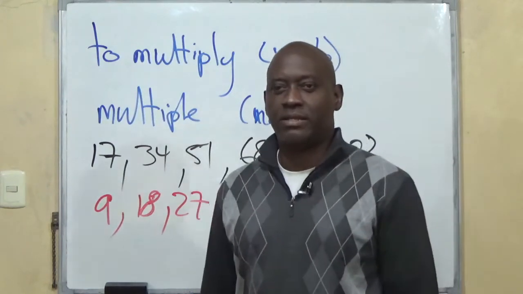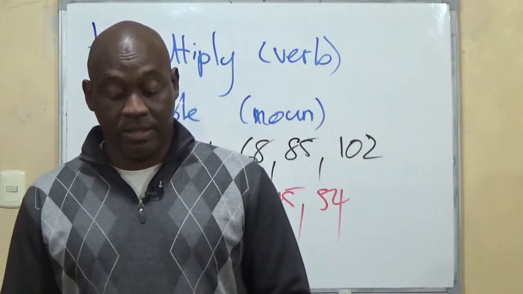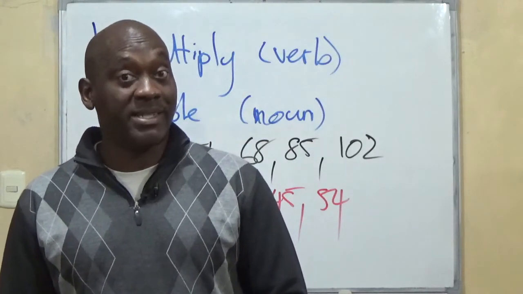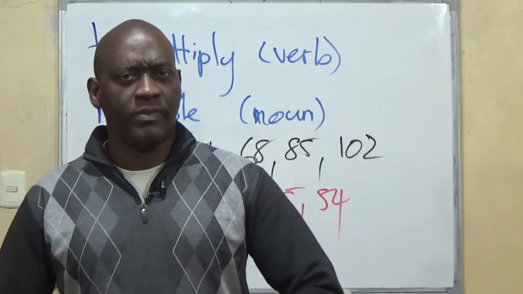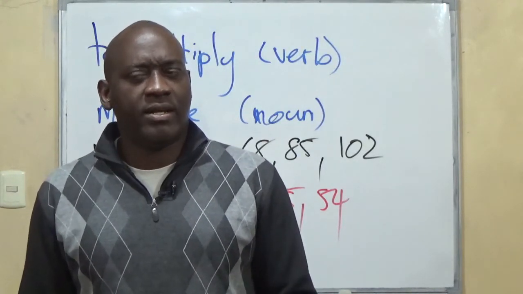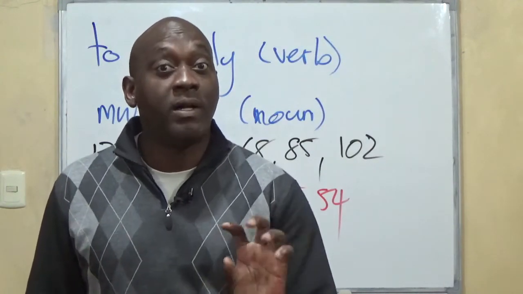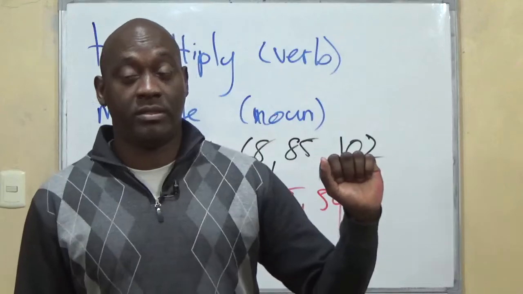Etc., etc., etc. Now, you would have realized, if you have made the connection yet, let me tell you it now. This talk about multiples is just another way of referring to your tables, your multiplication tables.